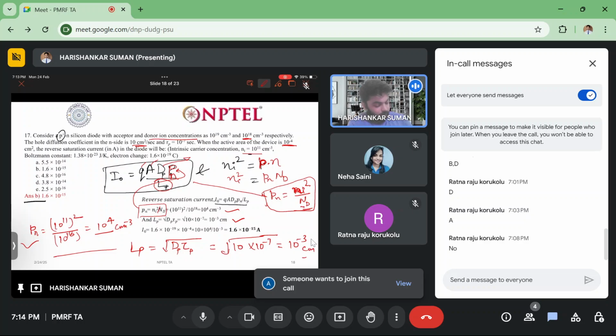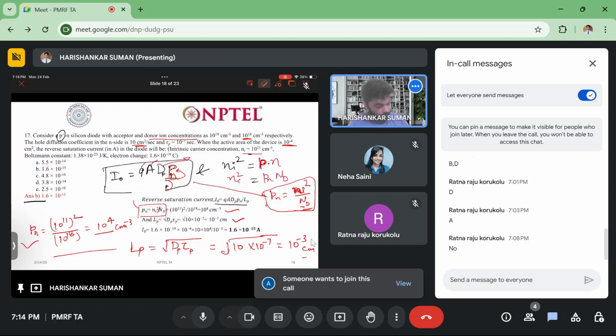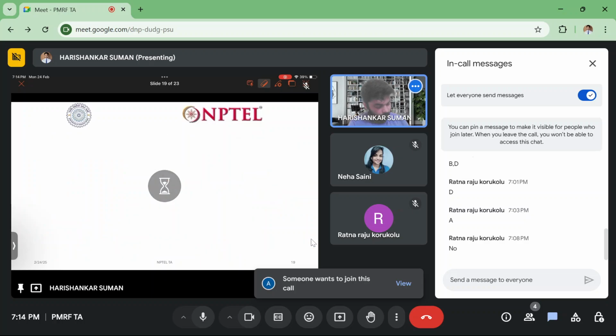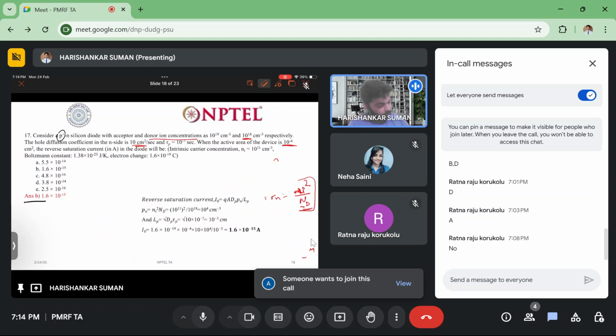The saturation current I naught equals Q A, diffusion coefficient and concentration, divided by the diffusion length. Please see the solution. If you have any doubt, please ask.